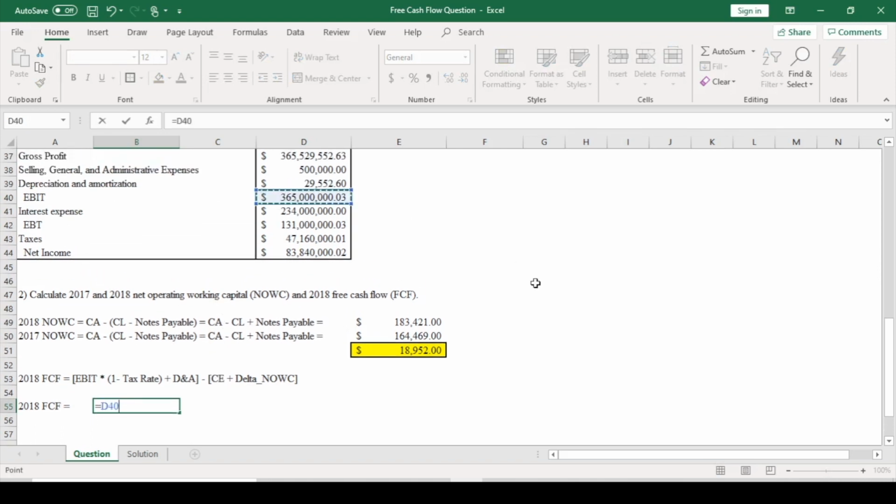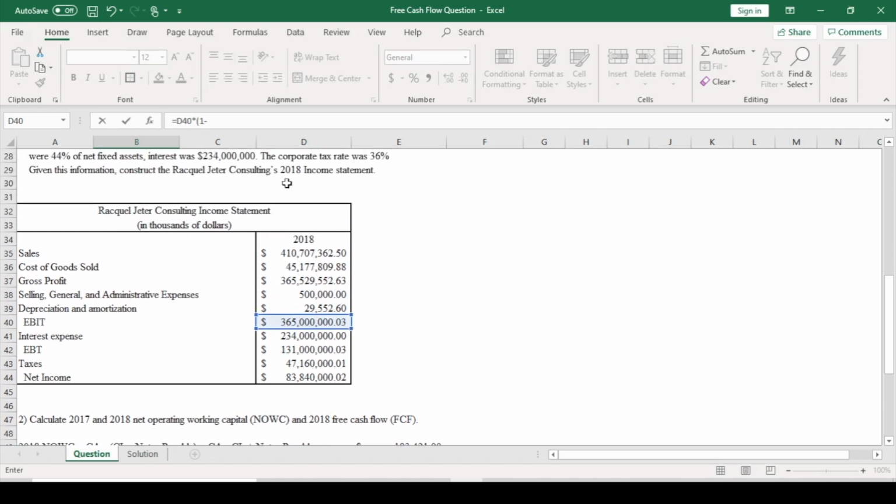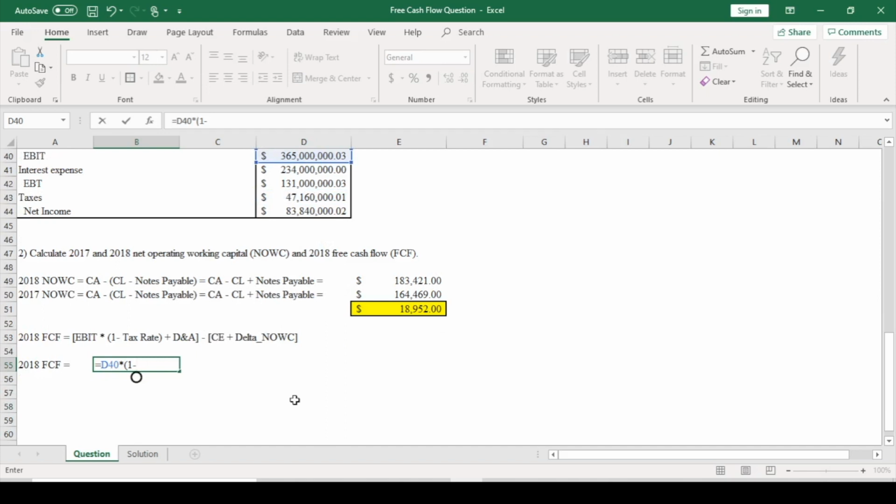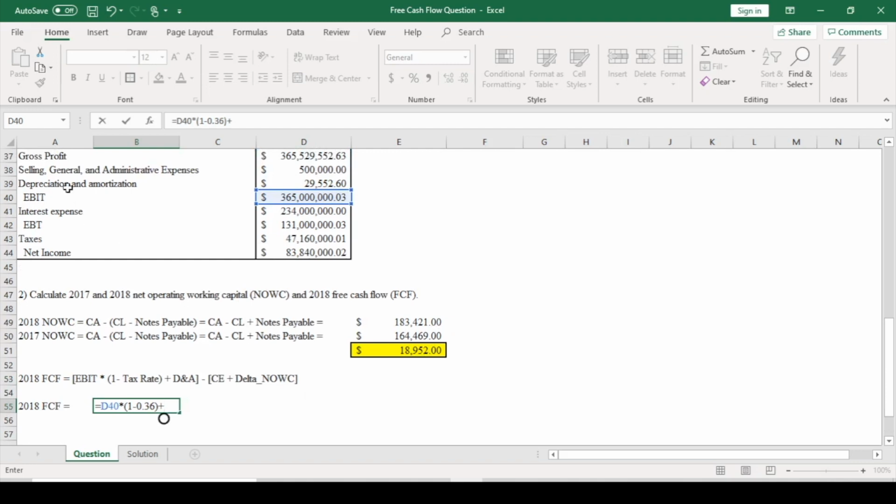EBIT multiplied by 1 minus tax rate equals what? 36%, in this case 0.36, right? Plus depreciation and amortization. Here we go. Enter.